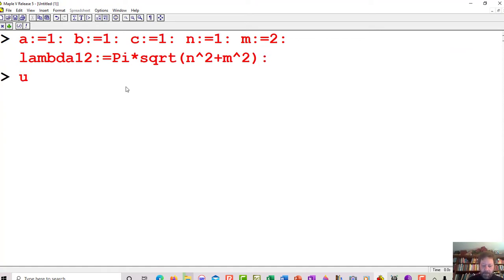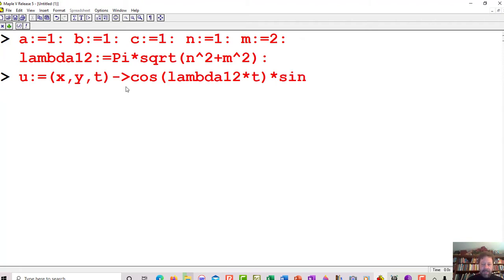Let's define our function u that maps x, y, and t onto, let's see, what did we have? Cosine of lambda 1, 2 times c times t. C is 1, so we don't need to put that in there, times the sine of n times pi divided by 1 times x times the sine of m times pi times y.